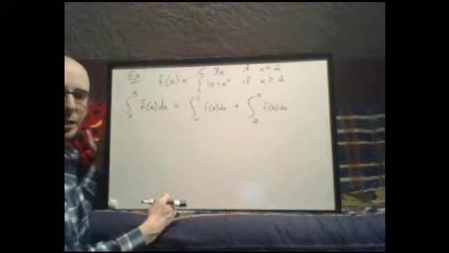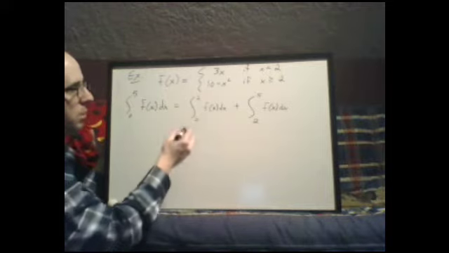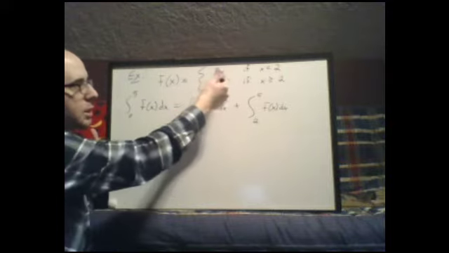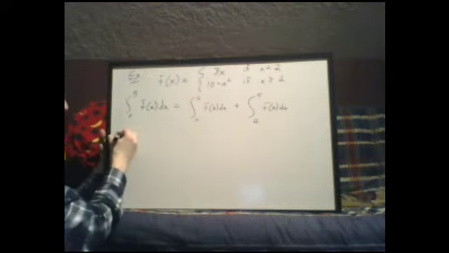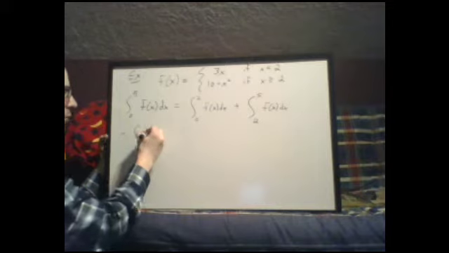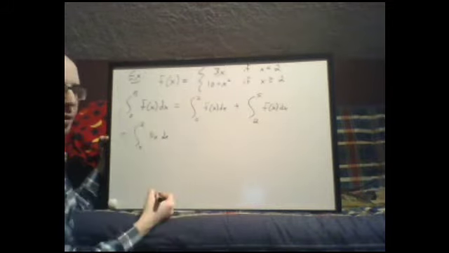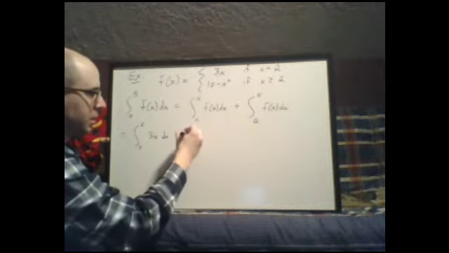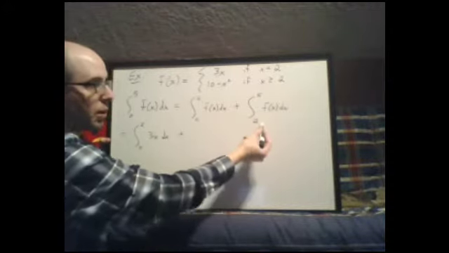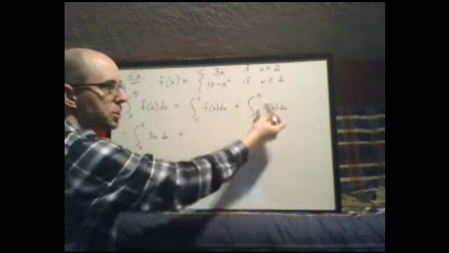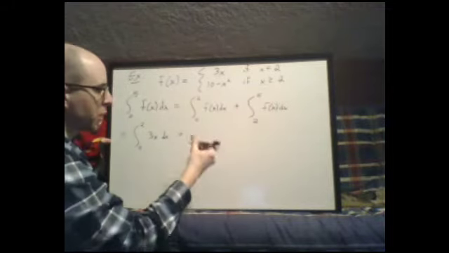So all that matters is what the formula is between 0 and 2. So this first integral would be the integral of 3x dx from 0 to 2. The second integral from 2 to 5, on that interval, x is bigger than 2, so we'd use 10 minus x squared as our function.